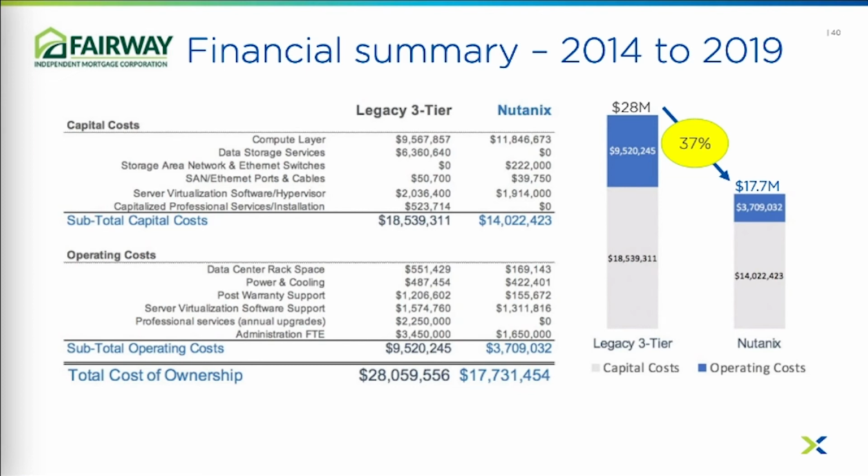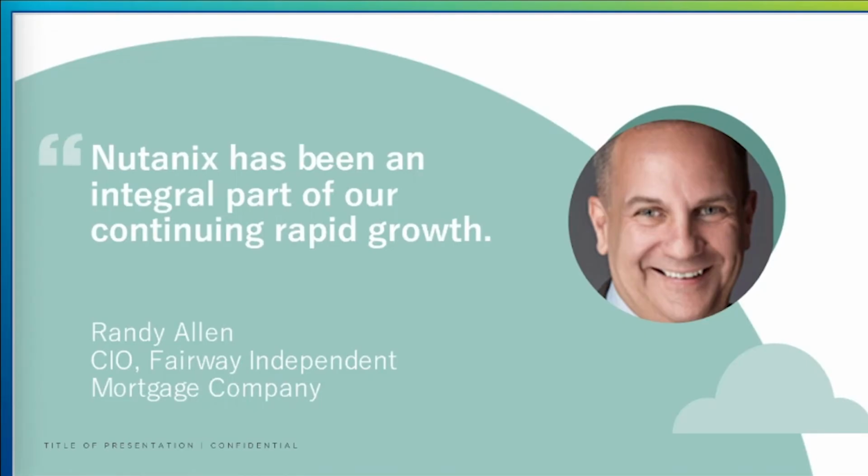Today, Fairway runs all of their production and DR applications on hundreds of Nutanix nodes. They are now the 5th largest private mortgage company in the country, with loan originations of $40 billion last year, and far ahead of that this year, a massive growth rate.